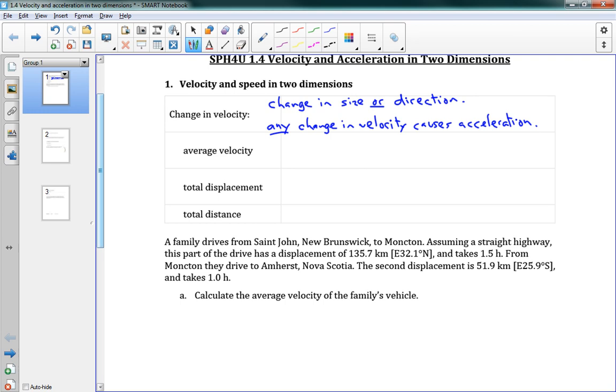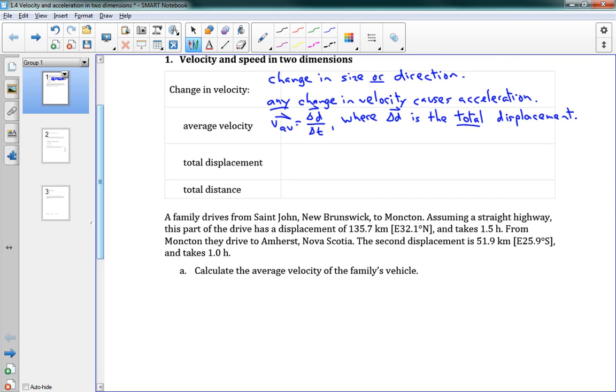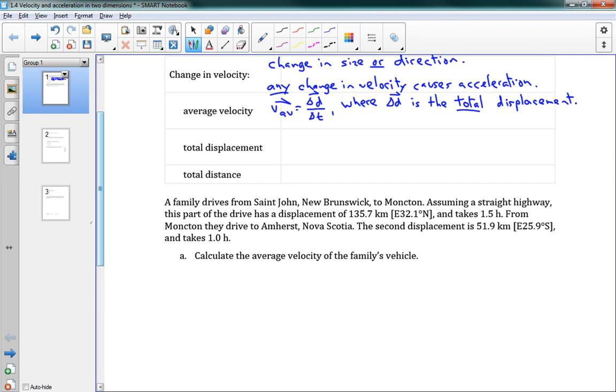Okay, so to get average velocity, we have this formula that you've seen before, displacement over time. Now this displacement is the total displacement. So if the journey has a few different pieces, we need to get the total displacement first before we can find the average velocity. And we're going to use what we learned in the last lesson to do that.